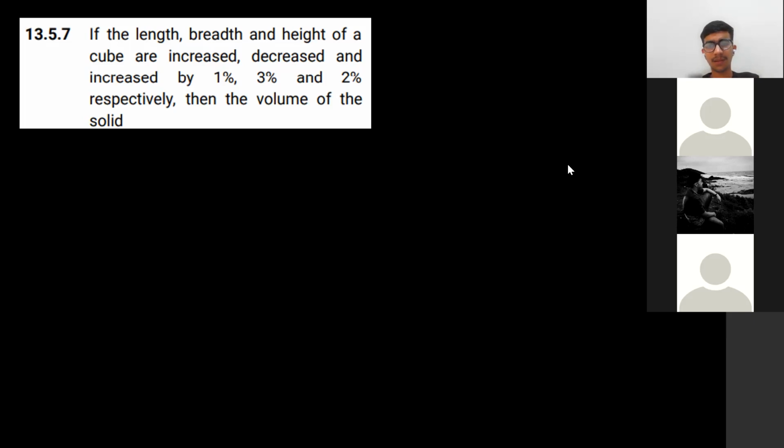Aditya, that is the percentage. Okay, might be possible. Oh, sorry, sir, I forgot to add the percentage sign.